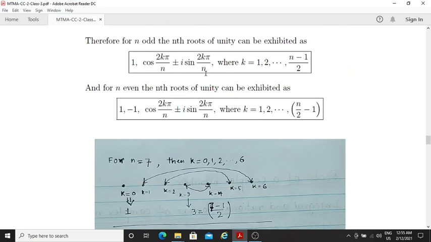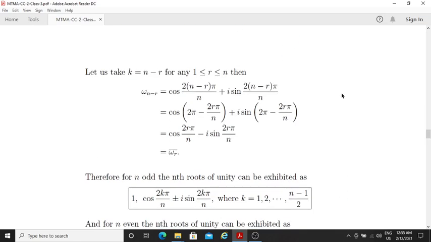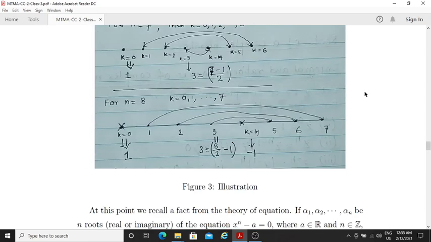So here we are basically writing the roots in the light of pairing. The pairing is here. Only one small change: we have to omit this equality sign over here. R will be strictly less than n.